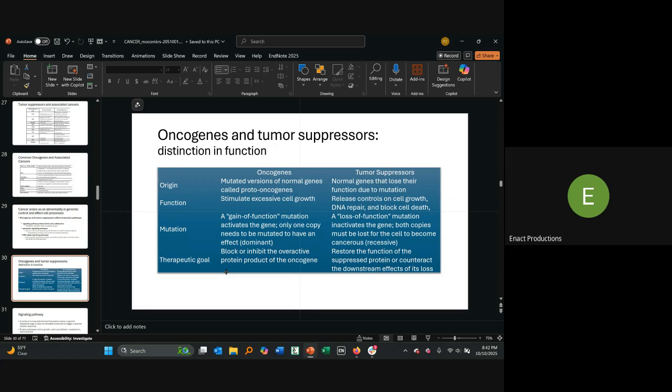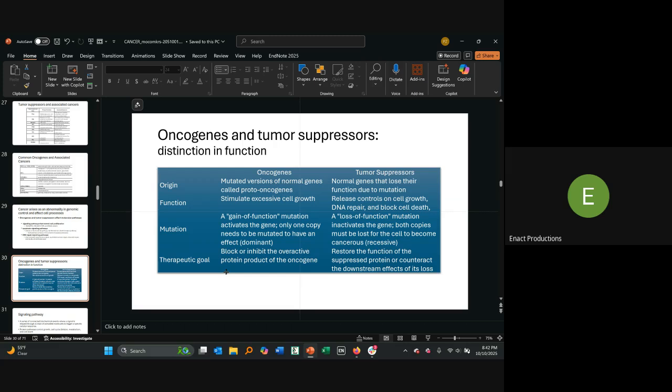Now, that's kind of getting at this loss of function. We're talking about both copies must be lost for the cell to become cancerous. Implied in that is that probably the thing that's healthy, the thing that you need, like say the tumor suppressor, is that brake signal, and it turns things off.